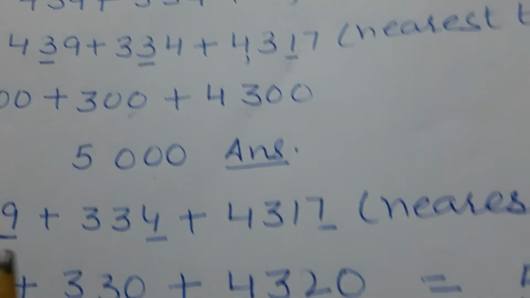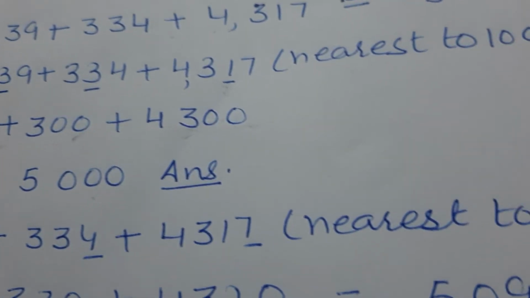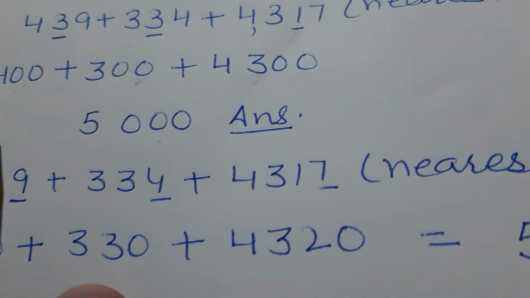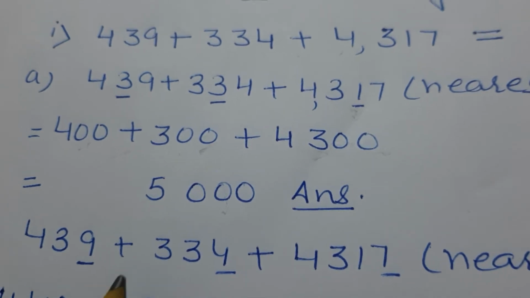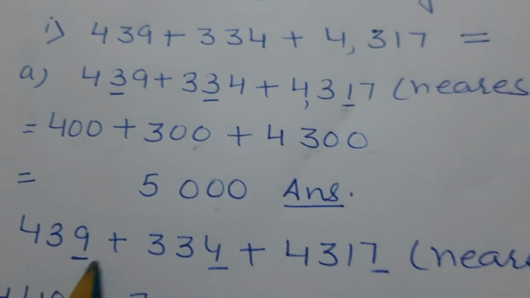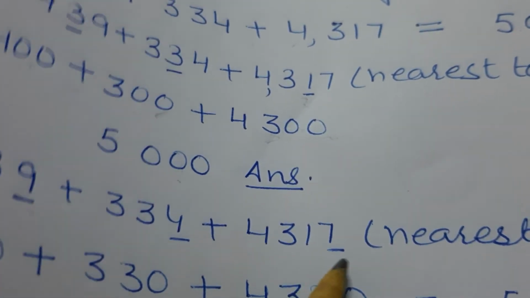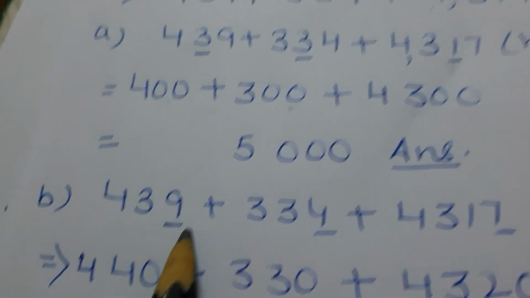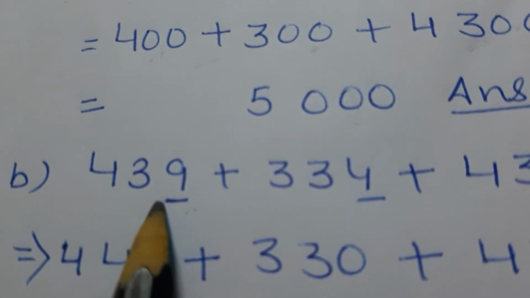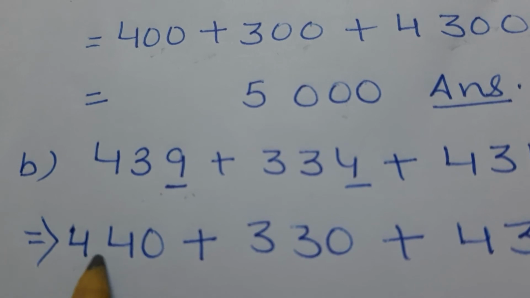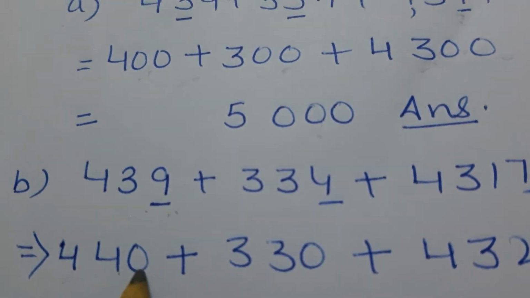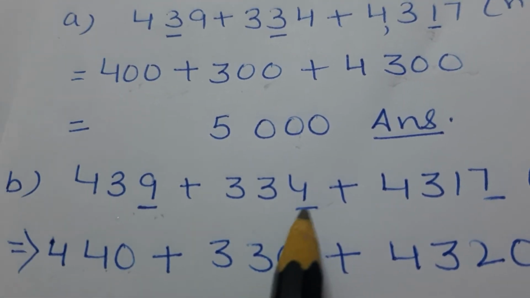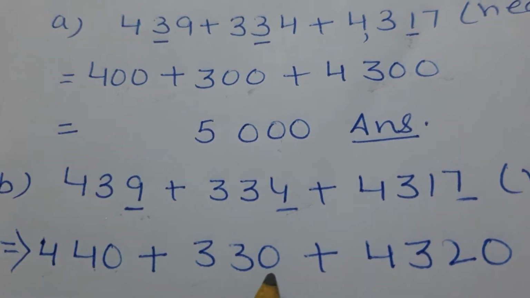Now next, the same sum, we will round off nearest to tens. For tens we will focus on the ones place. So it is 9, it is 4, and in this it is 7. Now 9 is bigger than 5, so this number will be rounded up, so it will become 440. This is less than 5, it will become 330.